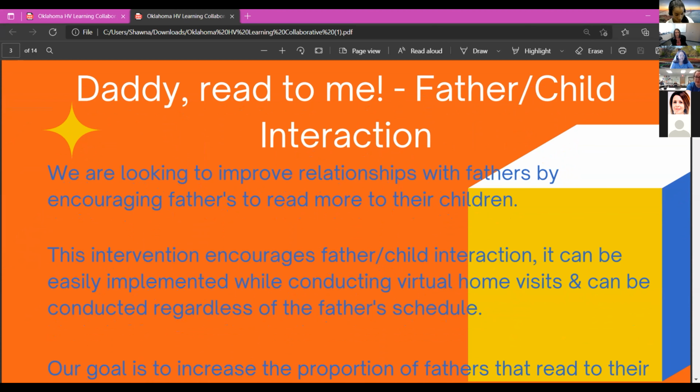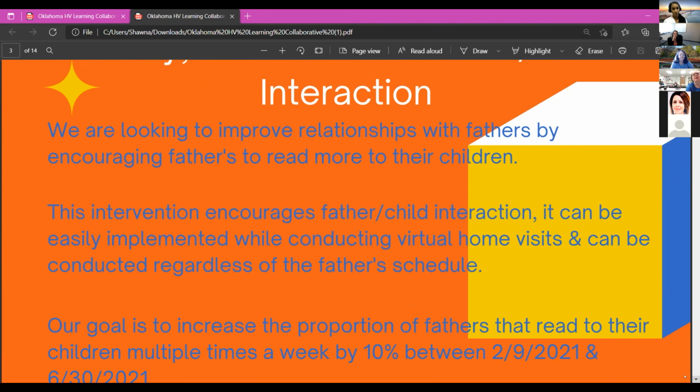We chose it because it could be easily implemented while conducting virtual home visits, and we could still do the questionnaires regardless of the father's work schedule and whether he's available for the visit. Our goal was to increase the proportion of fathers who read to their children multiple times a week by 10% between February 2021 and the end of June.